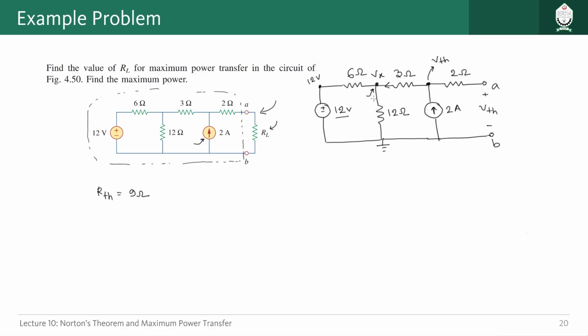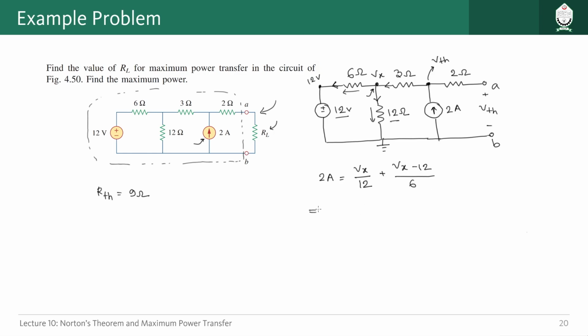Let us take current direction for this one as downwards, and for this one we can take this direction. Okay, so that means the current here, 2 ampere, should be equal to the summation of these two currents, right? So this current in this direction is Vx divided by 12, and this current here is Vx minus 12 according to our direction of current, Vx minus 12 divided by the resistance 6.